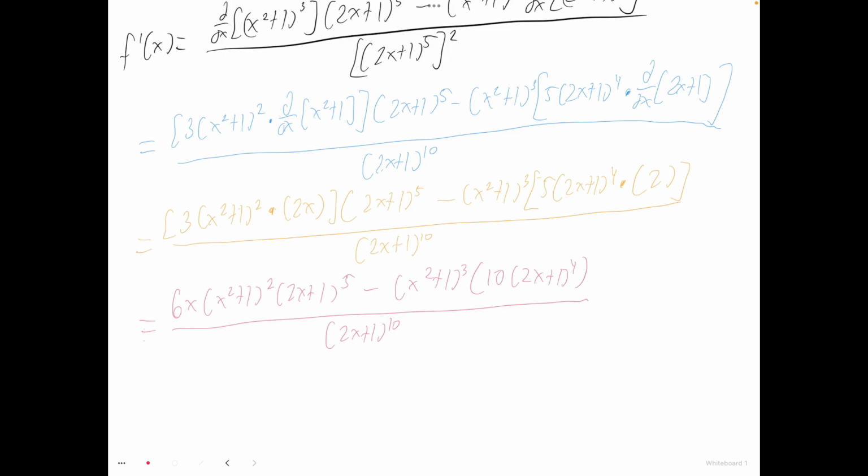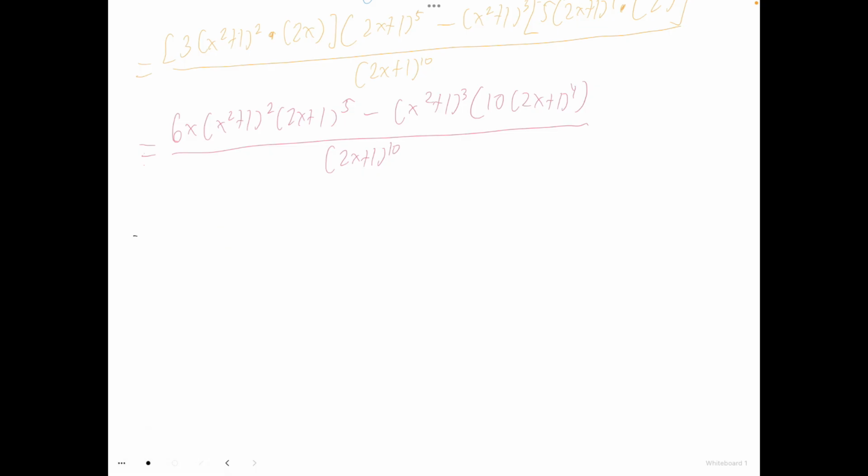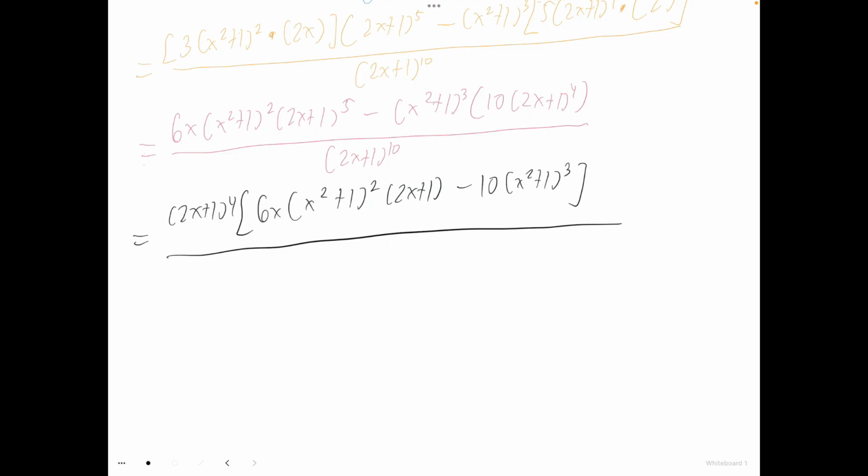Now notice there's a 2x plus 1 to the 4th on each of the terms on the top. So we can rewrite this as 2x plus 1 to the 4th times everything else on the top. So we're going to have 6x times x squared plus 1 squared times 2x plus 1, because we pulled 4 of the 2x plus 1s off. And then minus 10 times x squared plus 1 cubed. So we pulled all of the 2x plus 1 off. Then we have a 2x plus 1 to the 10th on the bottom. And the reason why we did all of that is we can now cancel some stuff.